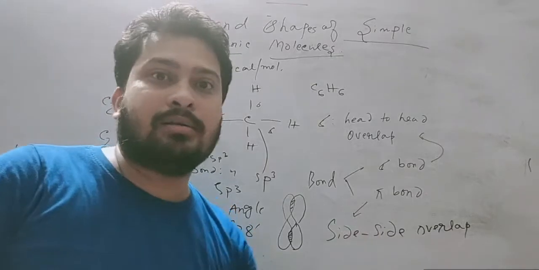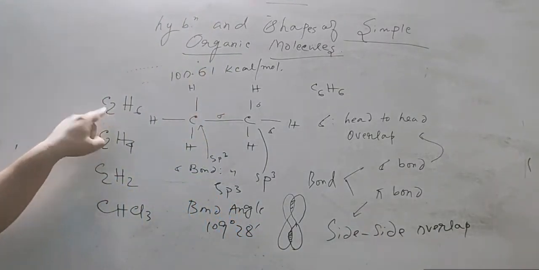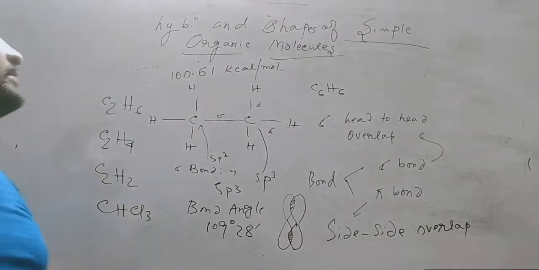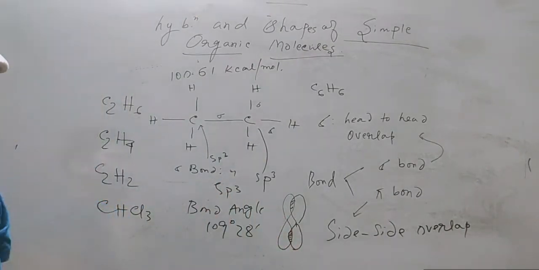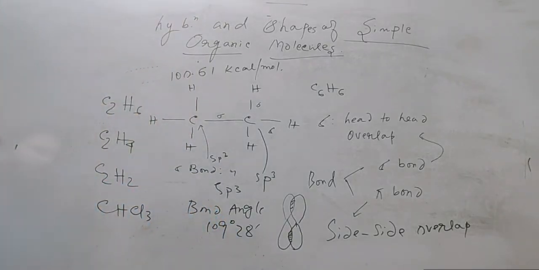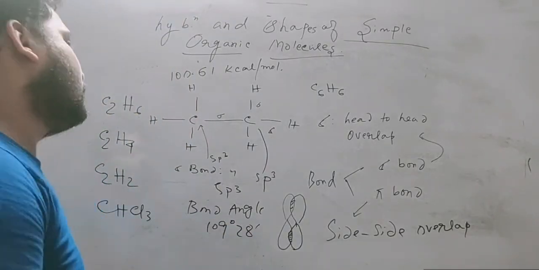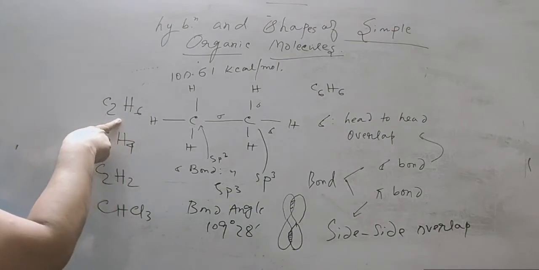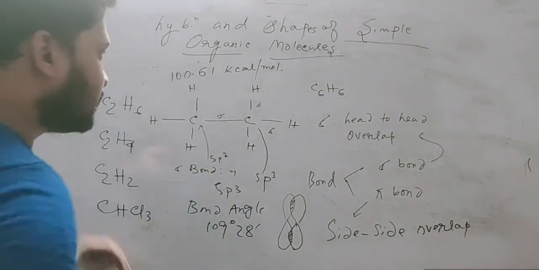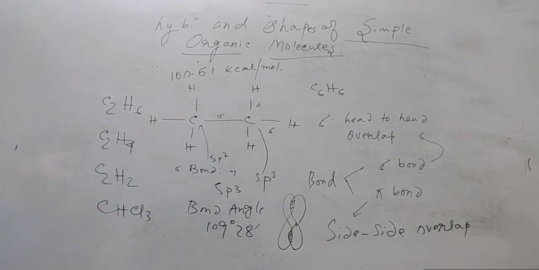If you have 1 mole ethane, you need 100 kilocalorie energy to break it. This is the simple information for C2H6. Note down on your copy.